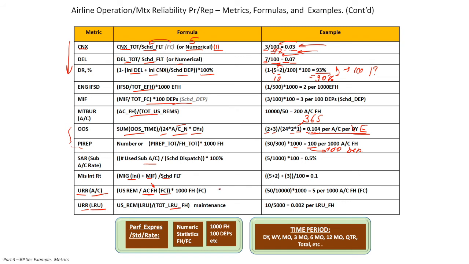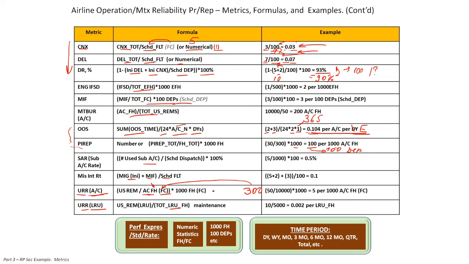So what does it mean? Suppose in December we have 300 aircraft flight hours. So these 300 in December go here, per aircraft, if we are calculating URR at aircraft level.